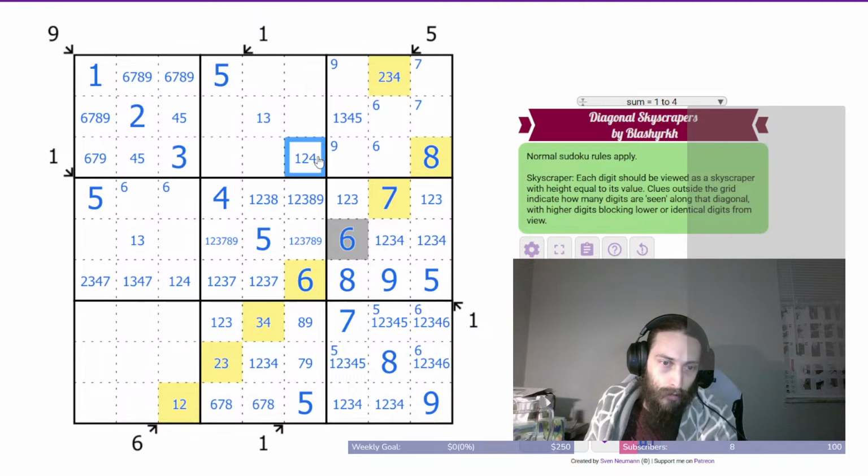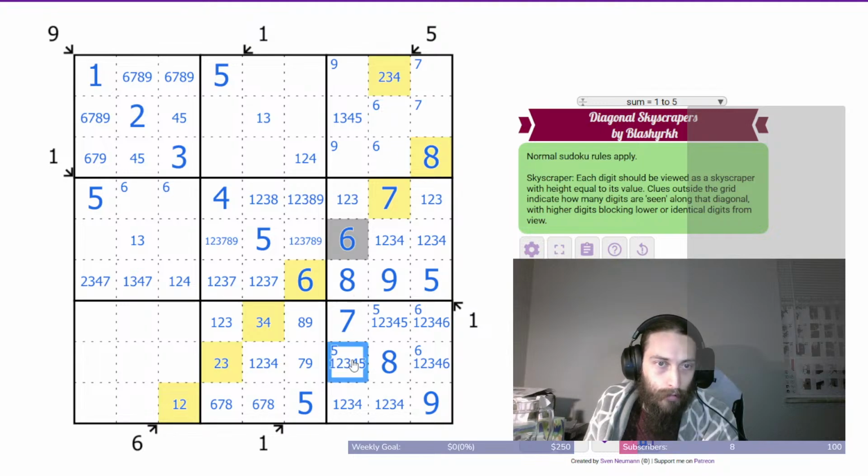A 4. 5, 4. I guess that would end up having to be a 5.